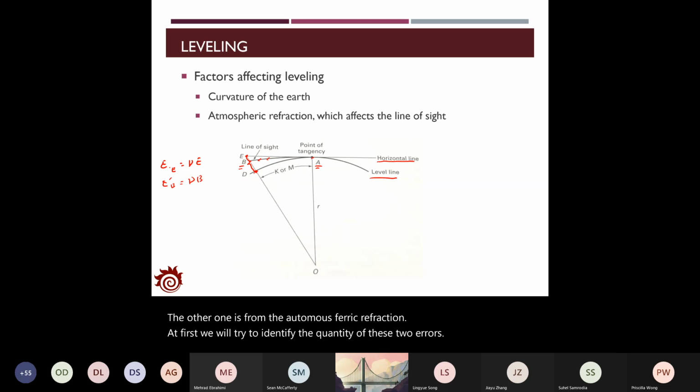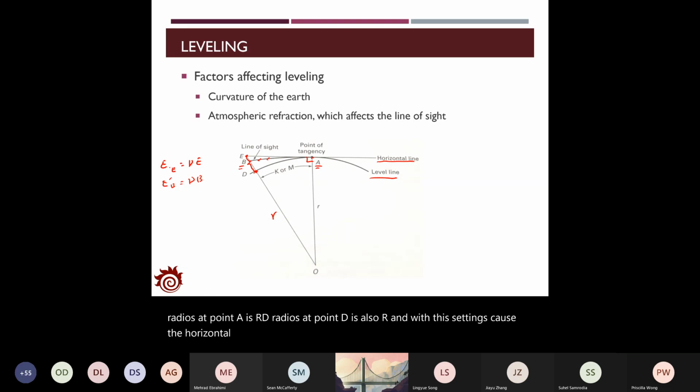Here we will assume that the surface of the Earth is a sphere, so we can assume that the radius at different locations of the Earth will be the same. So the radius at the point A is R, the radius at the point D is also R. And with these settings, because the horizontal line is perpendicular to the line from O to A, what we will observe is R squared plus AE squared equals OE squared.